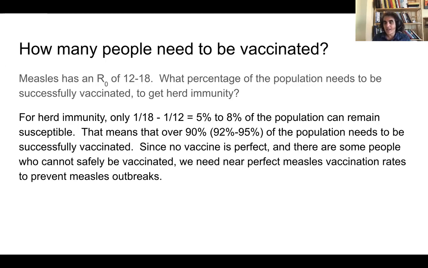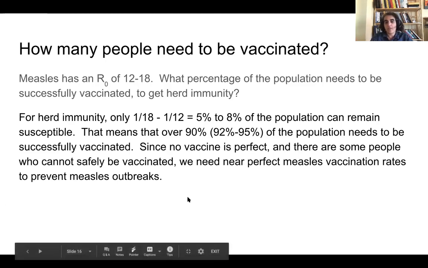We'd really like to get 95% of the people successfully vaccinated. So as our diseases get more contagious, we need higher and higher vaccination rates to protect people against them, to give the population herd immunity.